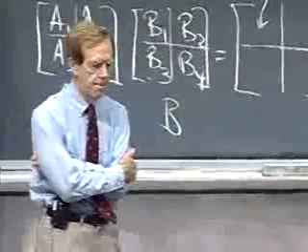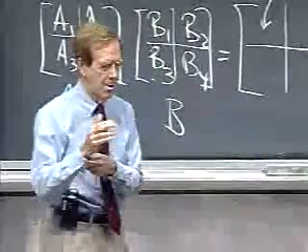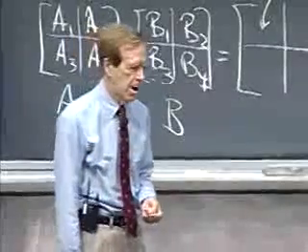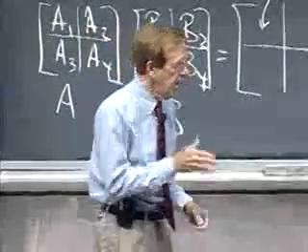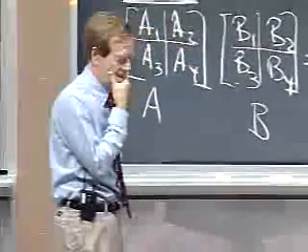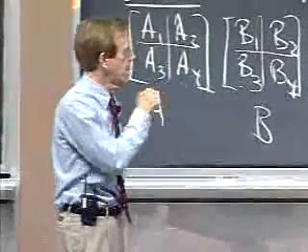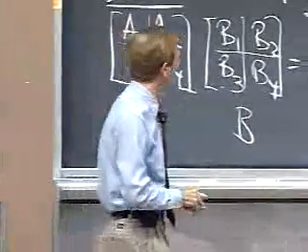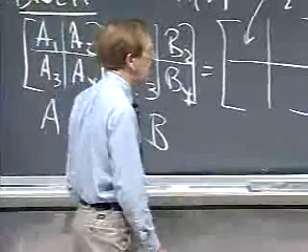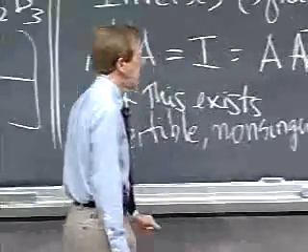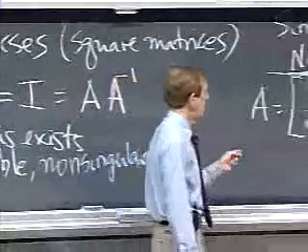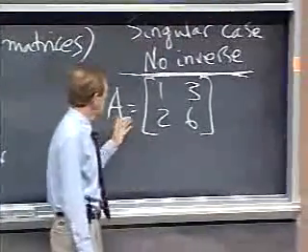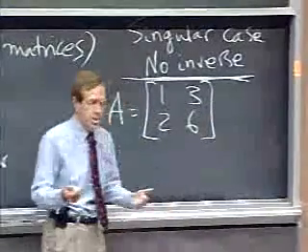Now, let me ask for other reasons that matrix isn't invertible. Here, I could use what I'm saying here. Suppose A times some other matrix gave the identity.